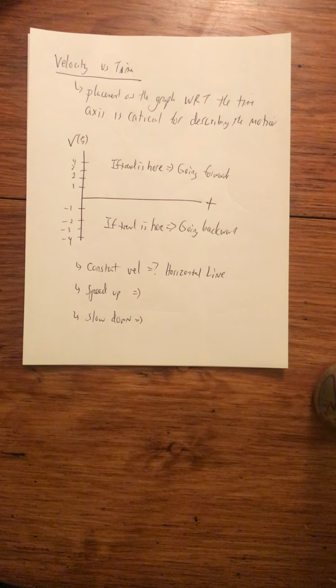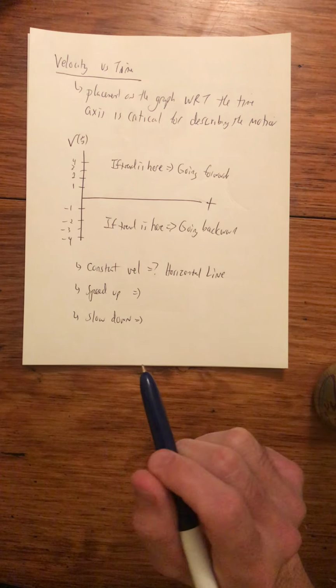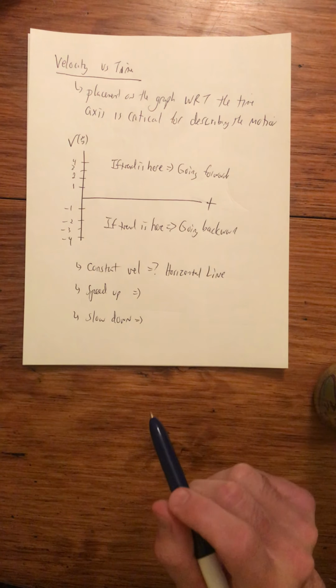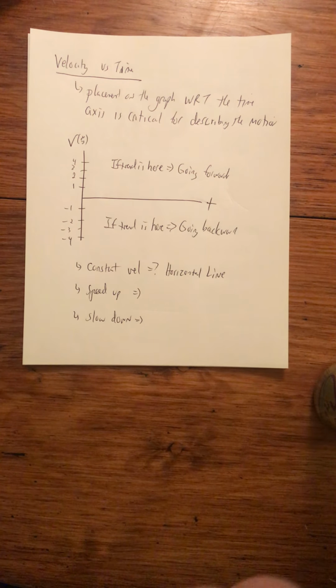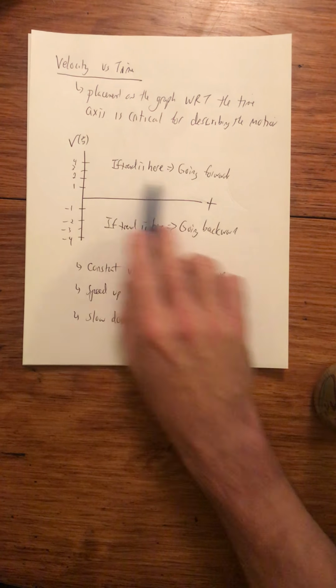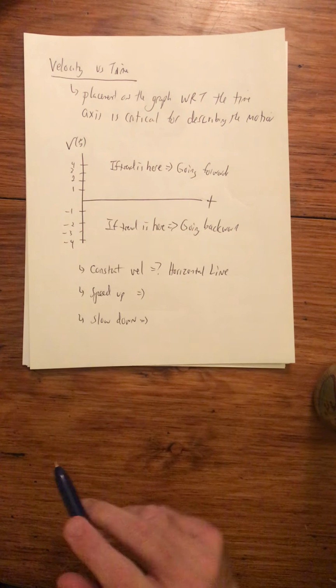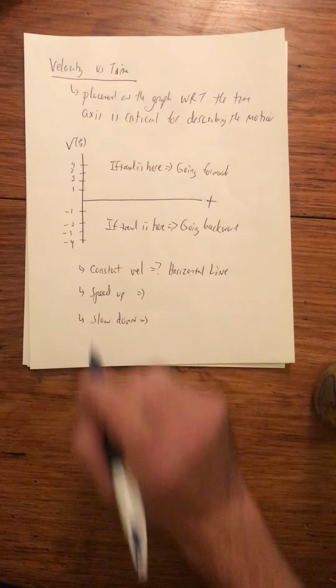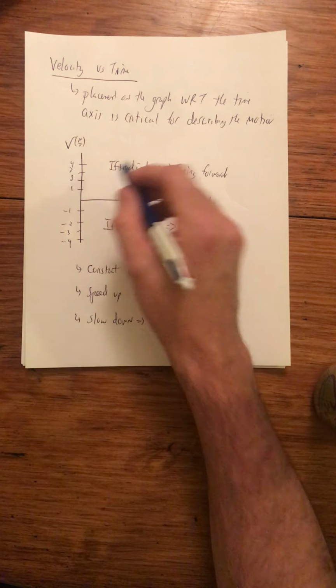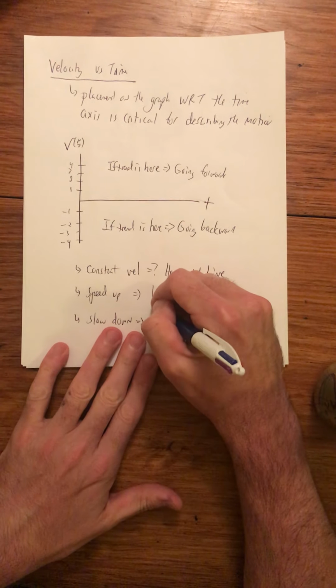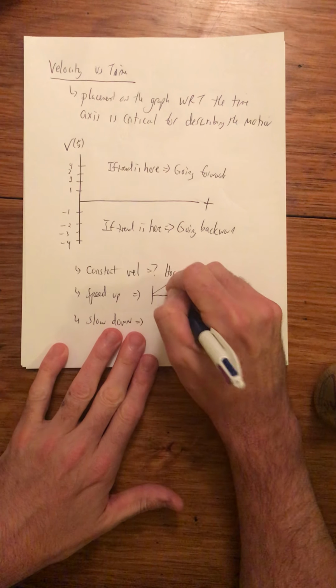So let's use that. Let's say I'm moving forward but speeding up. That means that my velocity has to be in the positive quadrant here, and the acceleration, which is the slope of this graph, has to be positive. That would look like a graph that looks like that.